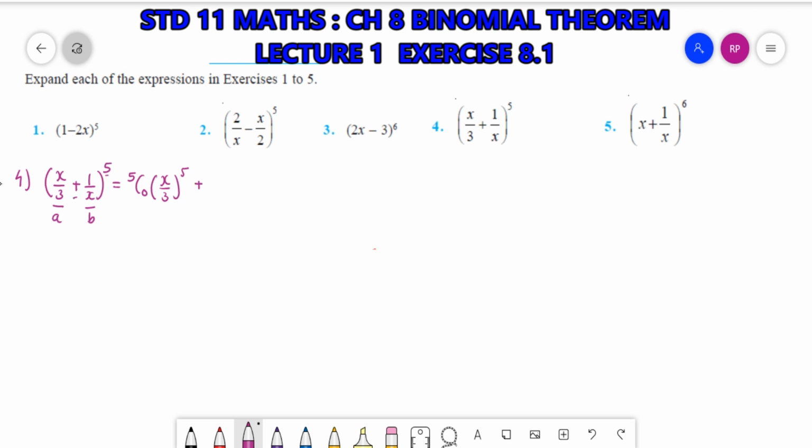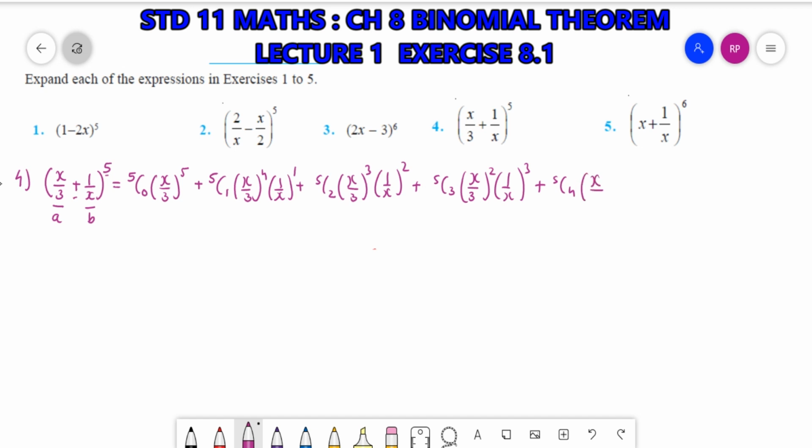And there's a plus sign in between, so everywhere plus. Plus 5C1 (x by 3) raised to 4 and (1 by x) raised to 1, plus 5C2 (x by 3) raised to 3 (1 by x) raised to 2, plus 5C3 (x by 3) raised to 2 (1 by x) raised to 3, plus 5C4 (x by 3) raised to 1 (1 by x) raised to 4, plus 5C5 (x by 3) raised to 0.